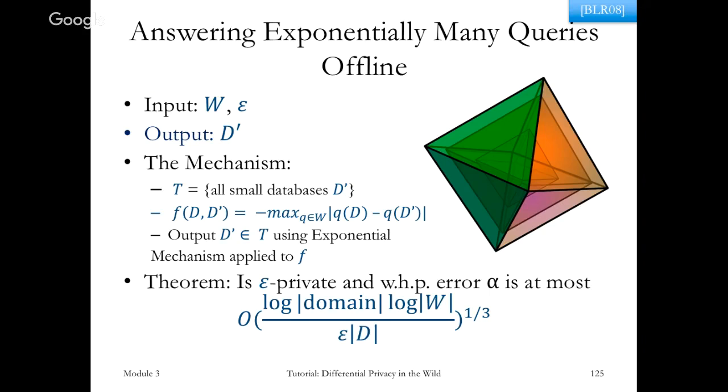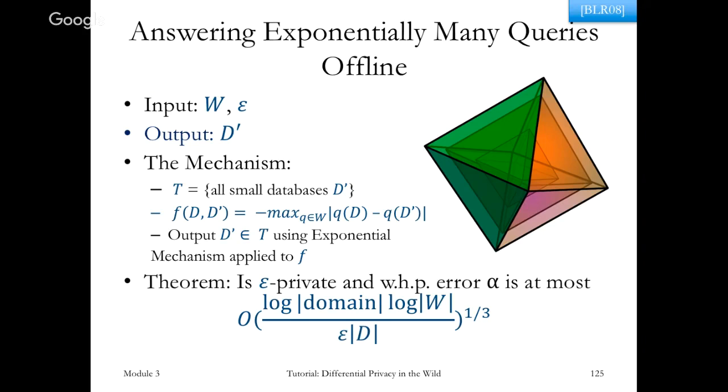Given the workload and epsilon, they output a synthetic data set D prime. The mechanism constructs T, the set of all small databases. It literally enumerates every single possible small database. Then it uses the exponential mechanism. The degree to which I like a particular small database is how close its query answers are to those on the true database.